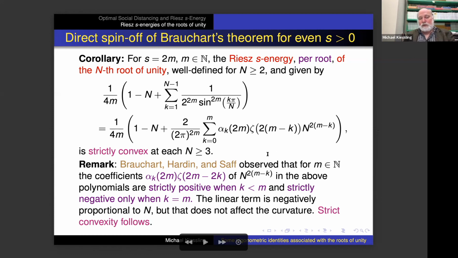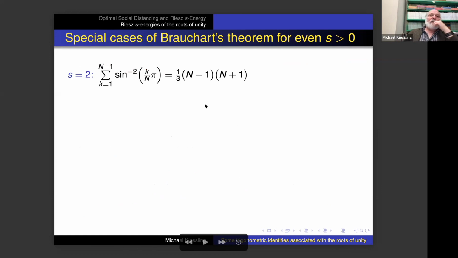But of course, it's not telling you whether the average Riesz pair energy, the pair average, is convex. So let's compute explicitly some special cases. When m is 1, you get this neat formula.